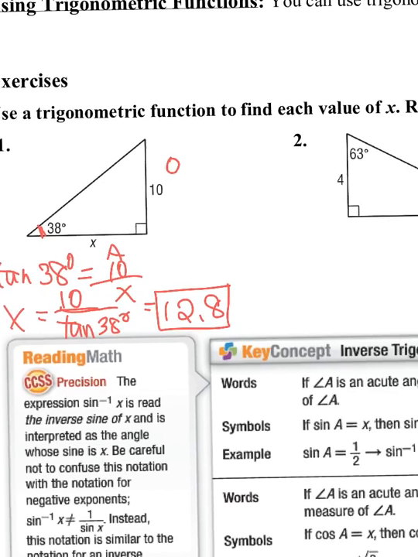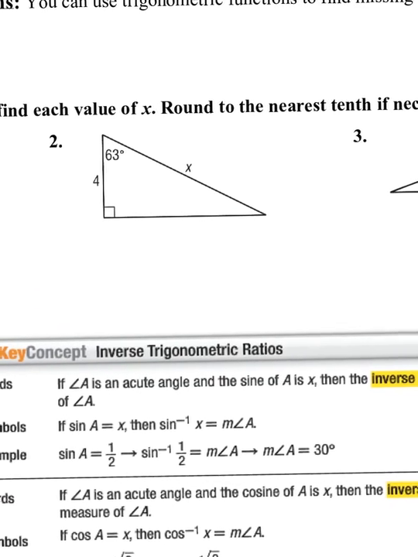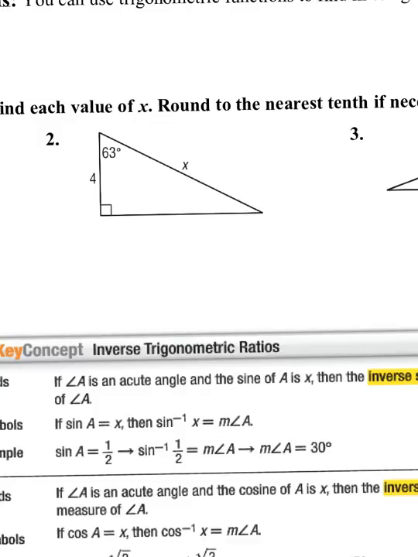Okay, let's try it again. For number 2, we have 63 degrees up there. And from that angle's perspective, 4 would be the adjacent side, and x would be the hypotenuse. So that would be the trig function cosine.